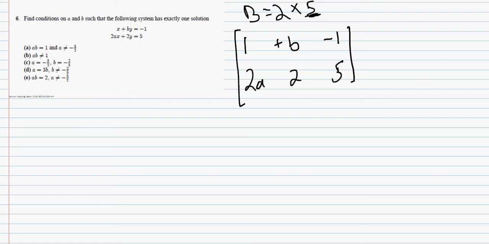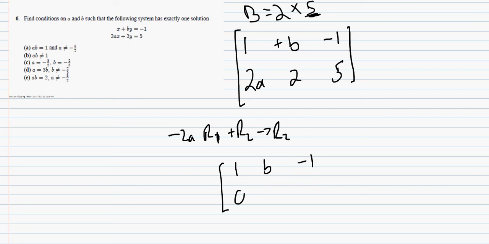And that's our augmented matrix. What that means is, the first thing to find any solutions is we have to get into row reduced echelon form. And let's do that first. So I'm going to do negative 2A times R1 plus R2 changes R2. What does that give us? Well, this is going to stay how it is, right? This gives us over here a 0.